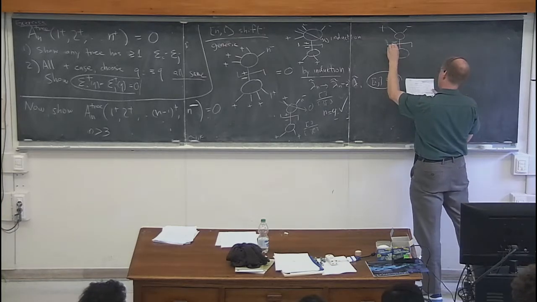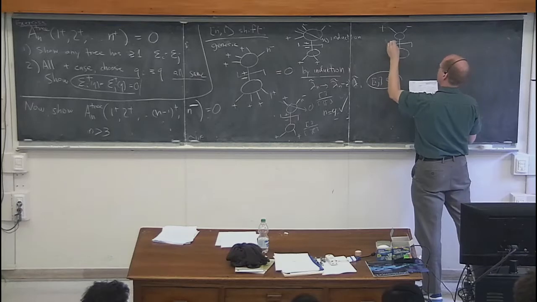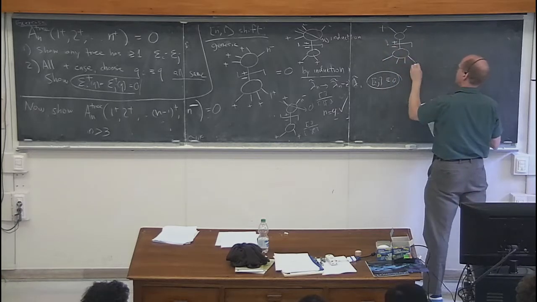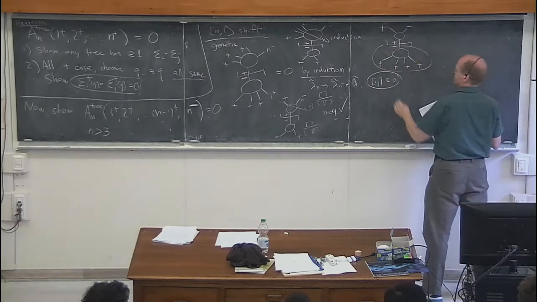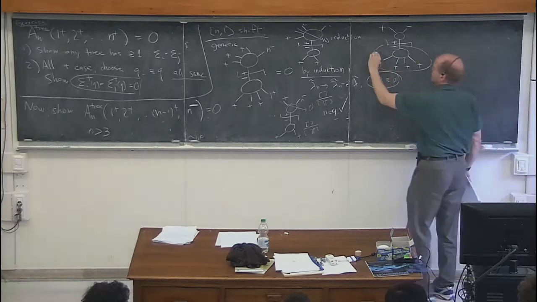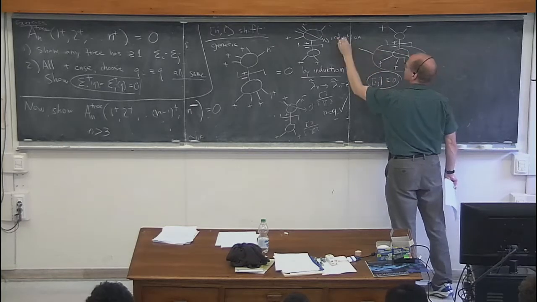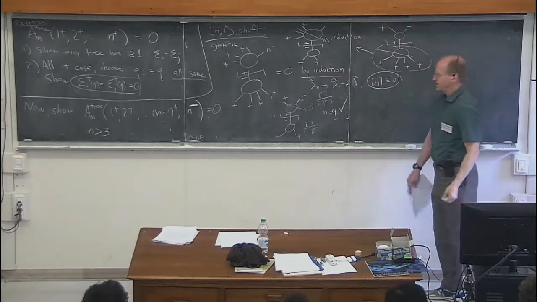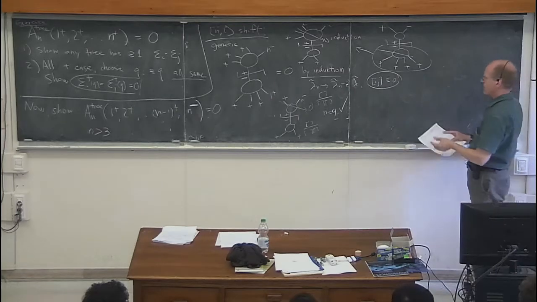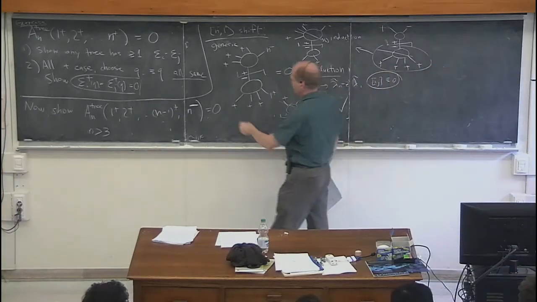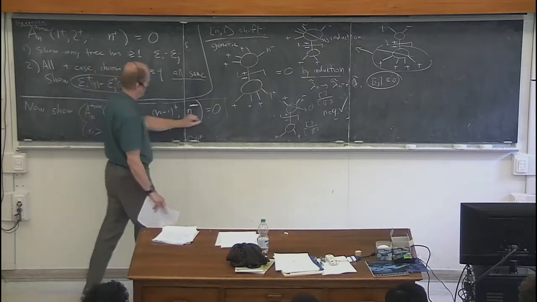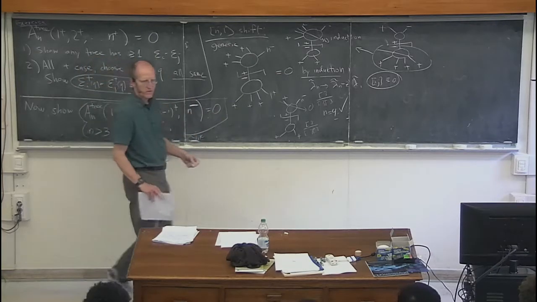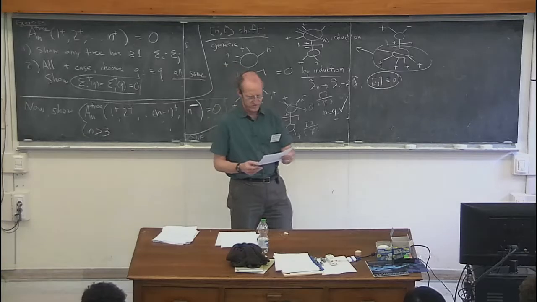Well, anyway, even if this is a plus and this is a minus, you can still use induction to kill it, because this is a 1 minus and there are fewer legs. So all these other guys go away by induction. So the bottom line is that using the recursion relations and induction, you can show that the 1 minus case vanishes too.